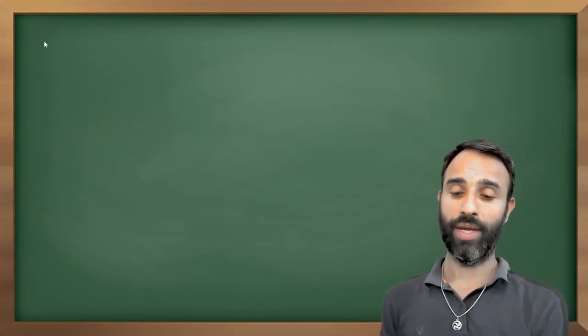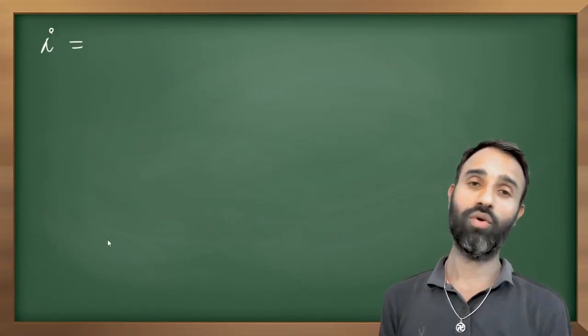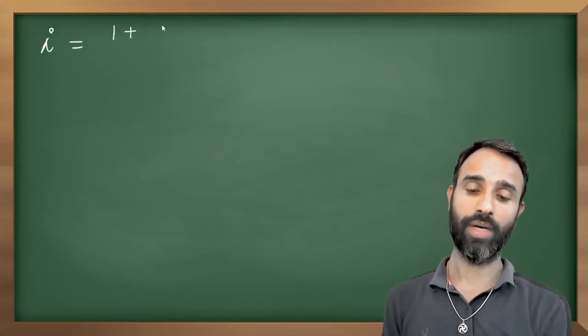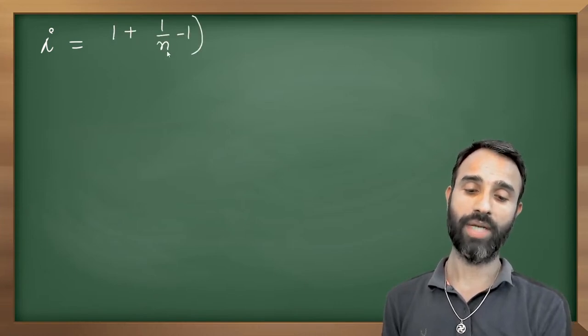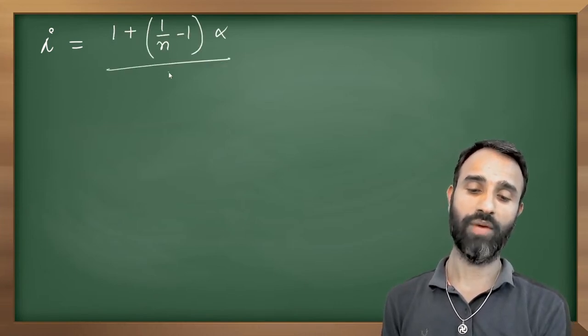So in this way, now I is equal to 1 plus 1 by n minus 1 alpha divided by 1.